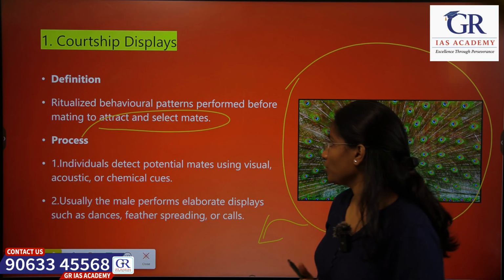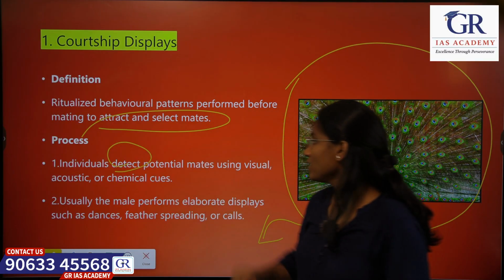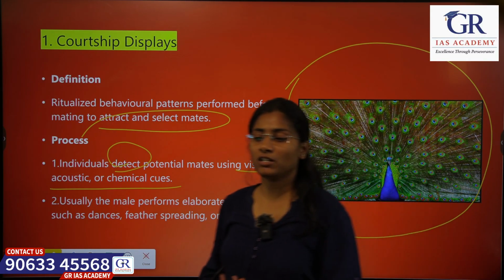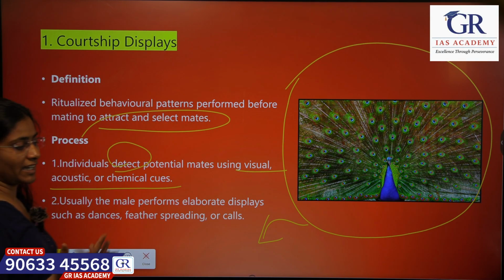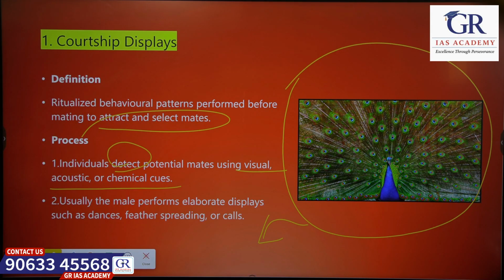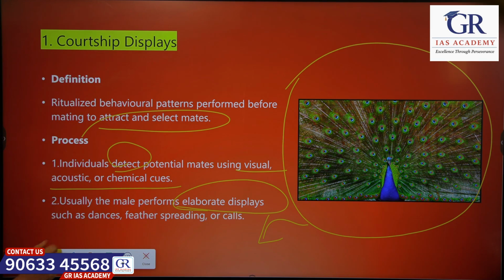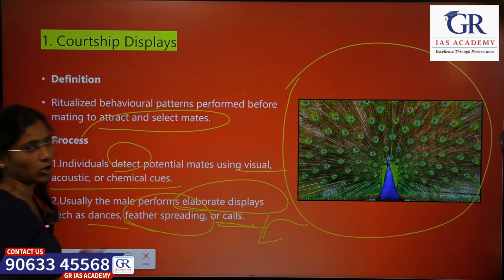So how do they do that? They detect mates using some cues, whether they can be visual or sound or chemical. When they get those cues, they start courtship displays. They perform courtship displays such as dances, feather spreading or mating calls.